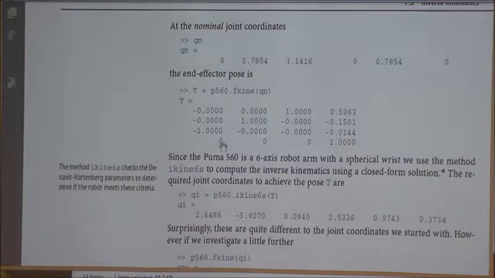Okay, this tells you that the robot is located at -0.596 for X, -0.1504 for Y direction, and -0.0144 in the Z direction. And the orientation, this is given as a final configuration to you.